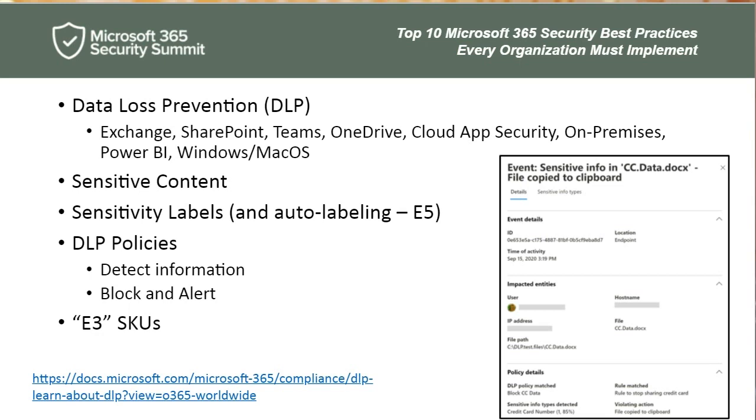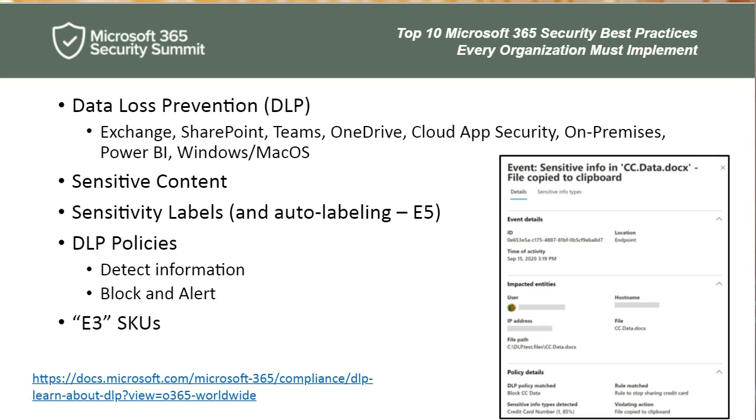DLP in Office 365 actually has built-in policies now to watch for things like connection strings to Azure SQL databases. It has IP addresses as a sensitive information type that it can watch for. So even from that perspective, it starts to become a security thing. I don't want a connection string to one of my Azure SQL databases or a connection string to Azure Blob Storage going out over email or going out via a Teams chat, getting shared as part of a SharePoint file that's shared with external users.